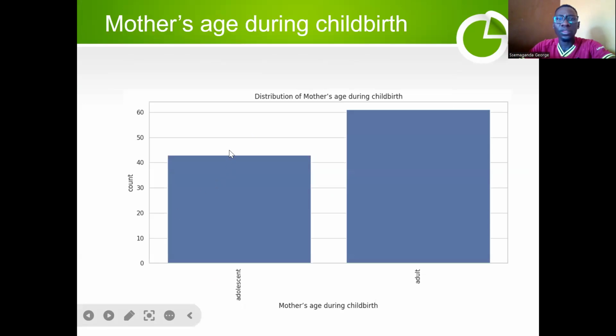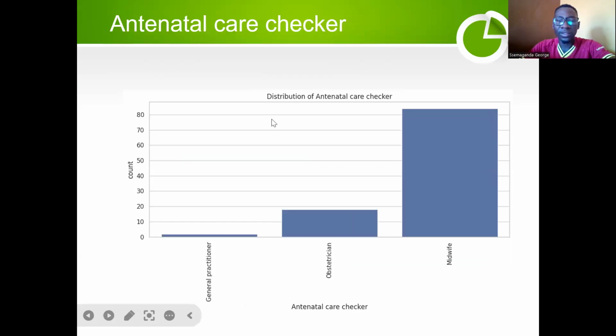Then I look at the distribution of the mother's age during childbirth. There were 2 categories, the adolescent and the adults, with adults having the highest count during childbirth. Then the antenatal care checker, where we have 3 categories: the general practitioner, the obstetrician, and the midwife, with the midwife having the highest count.